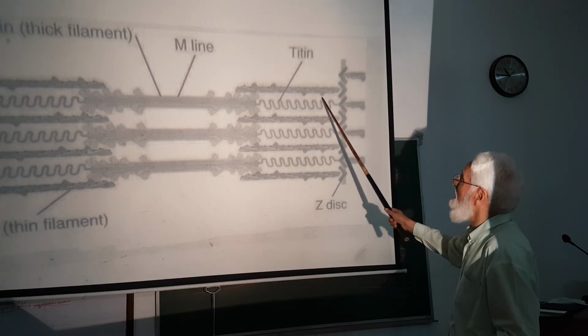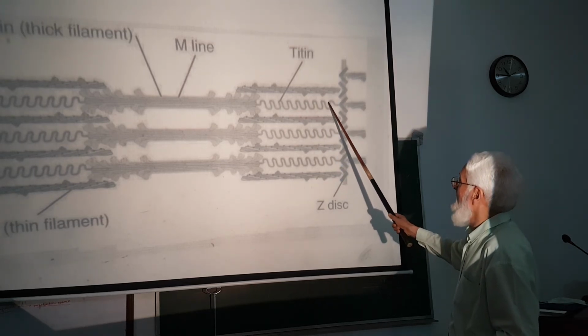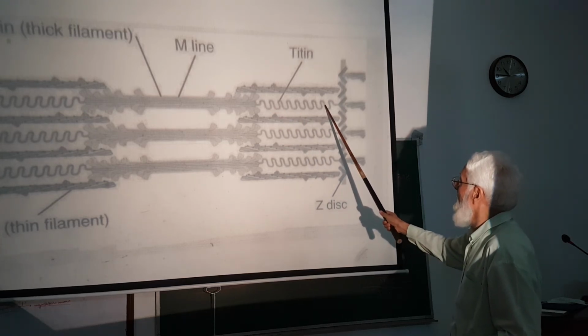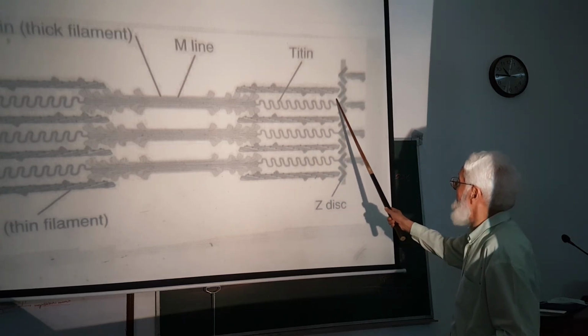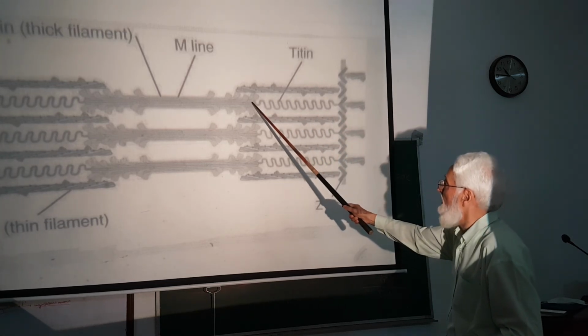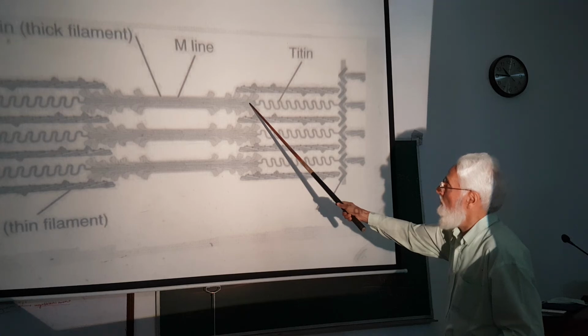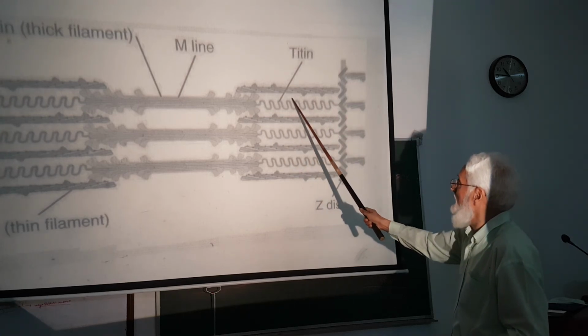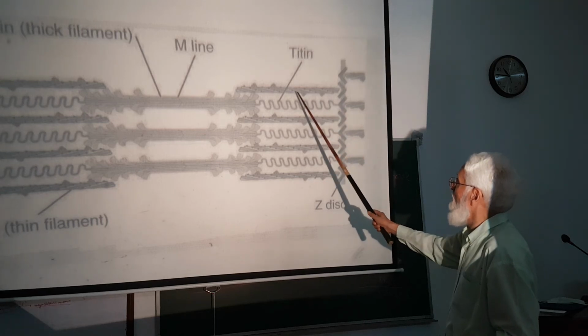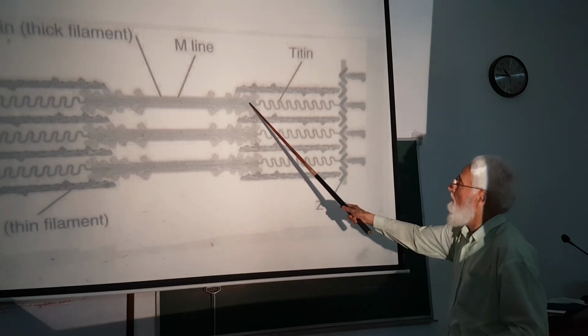Then the other protein is titin. Titin, you see, is a coiled protein which attaches the Z disc with the myosin filament.